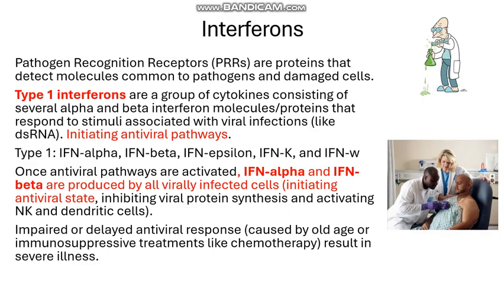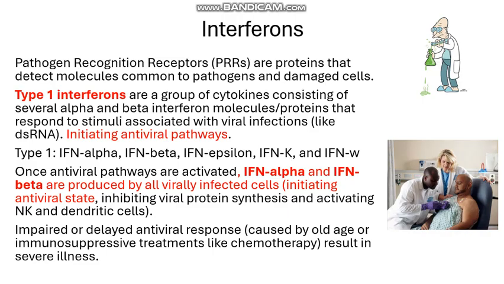So it's a way that infected cells are going to produce these type 1 interferons, alpha and beta. These interferons are going to stimulate an antiviral state within the cell to try and get rid of the virus by inhibiting protein synthesis and activating natural killer cells that will kill the infected cell, or dendritic cells.